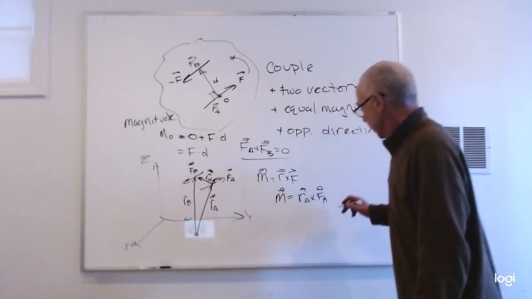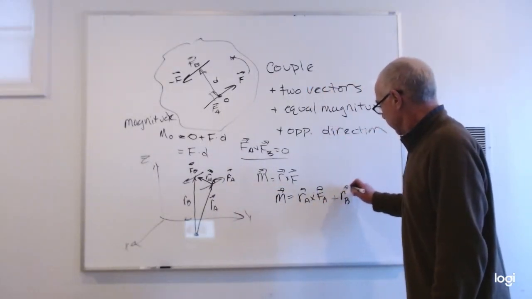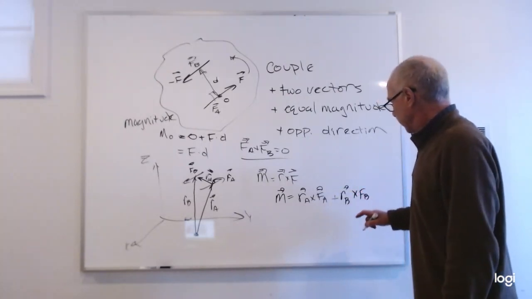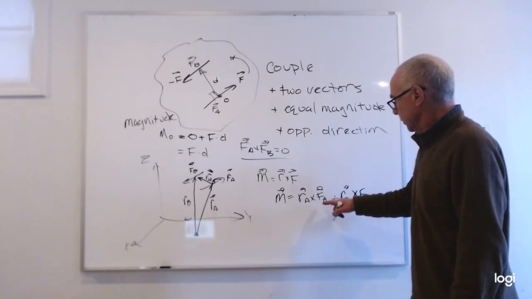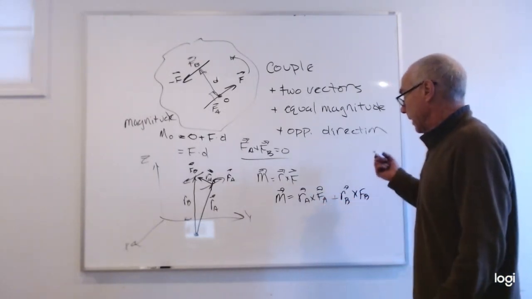And then we're going to add to it RB cross FB. And we can substitute in just F, because basically FA equals negative FB.